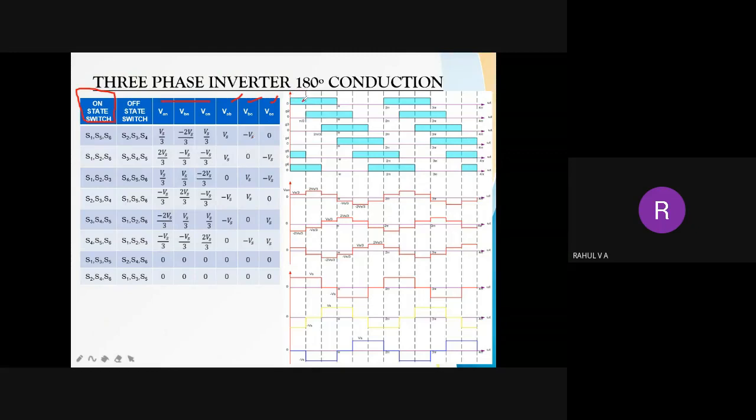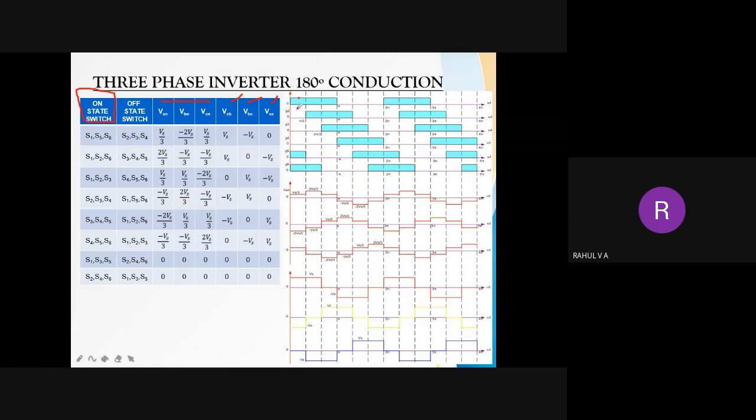This is the first cycle. It is represented as G1, G2, G3, that is, if you are using a thyristor, MOSFET or IGBT, you have to represent it as gate 1, gate 2, gate 3. That is the difference.